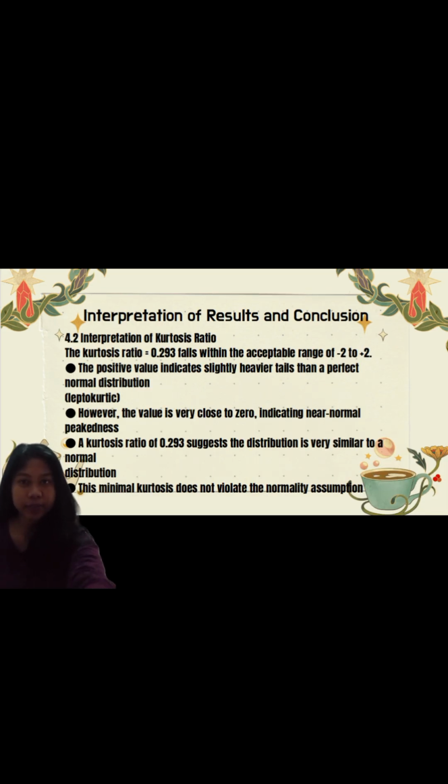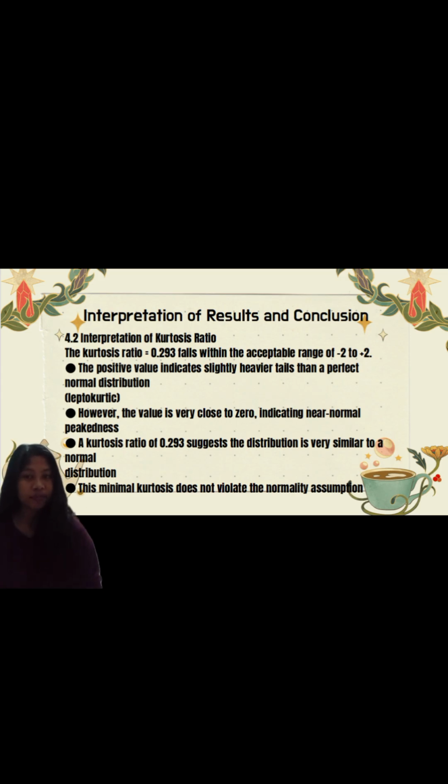Next slide. I will explain the section titled Interpretation of Results and Conclusion from our research. First, interpretation of kurtosis ratio. From the kurtosis ratio analysis, we obtain a value of 0.293, which falls within the acceptable range of minus 2 to plus 2.